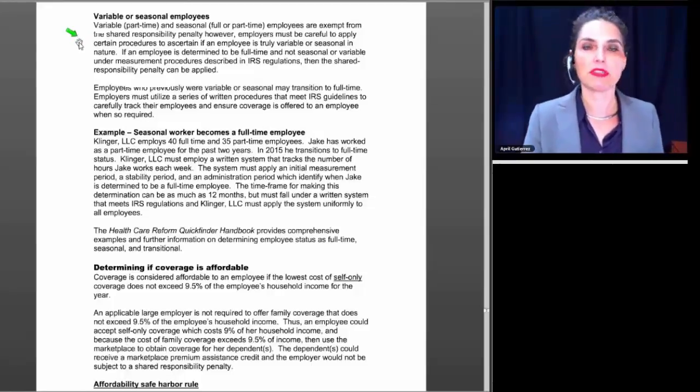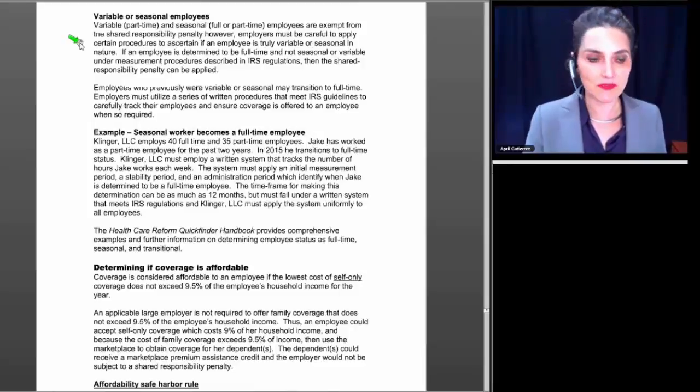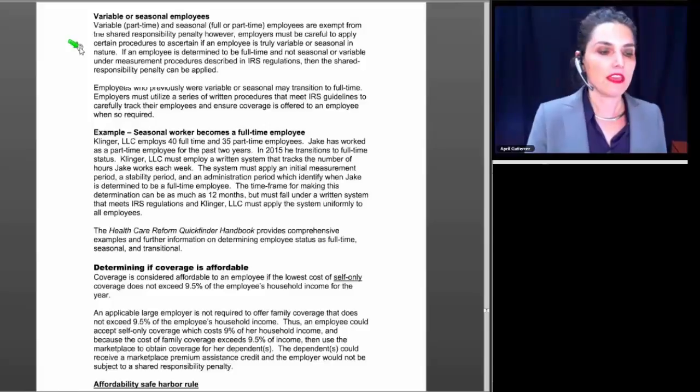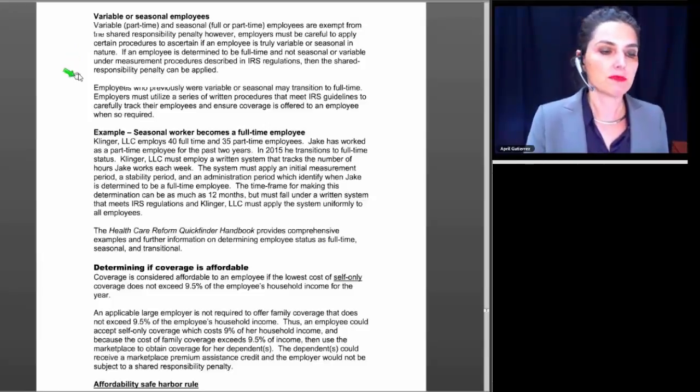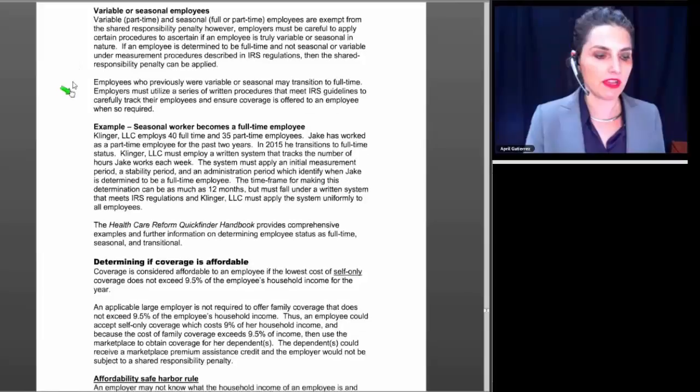However, employers must be careful to apply certain procedures to ascertain if an employee is truly variable or seasonal in nature. If an employee is determined to be full-time and not seasonal or variable under the measurement procedures described by the IRS regulations, then the shared responsibility penalty can be applied.